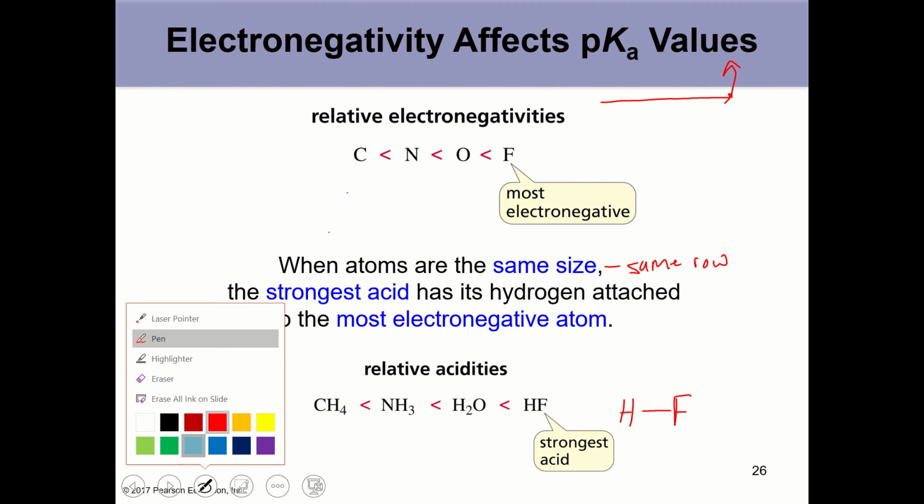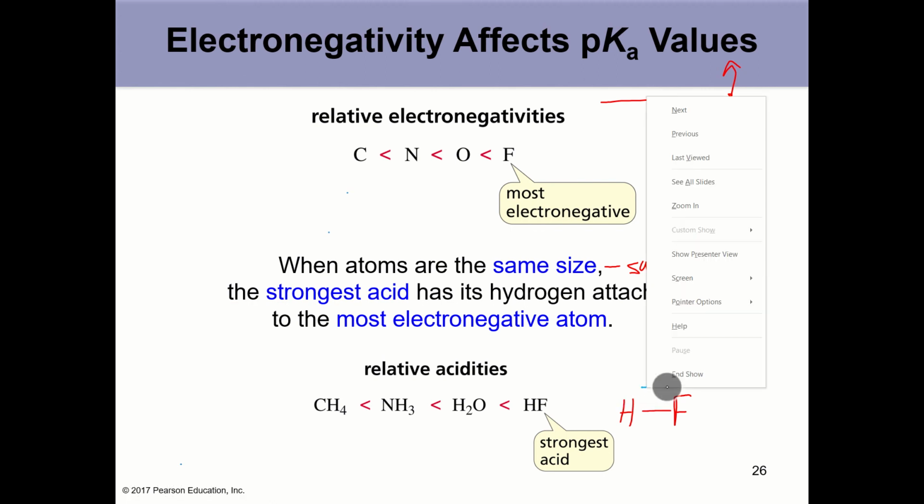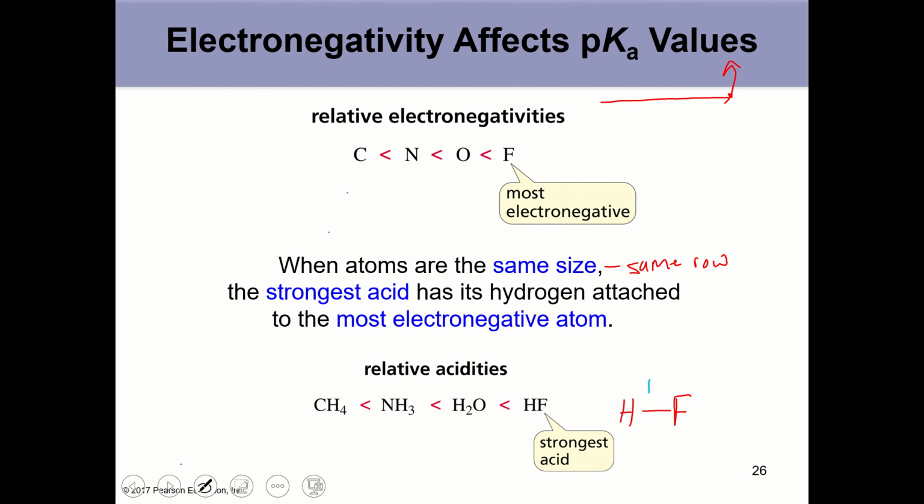And that means that fluorine is pulling the electrons away from hydrogen more effectively, and that means the bond is weaker.